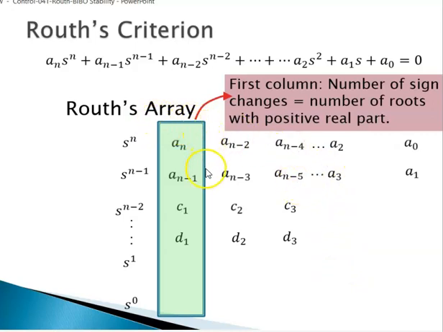You will see for sign changes, is an positive, an minus 1 positive, and so on. If it is positive and this is negative, you call it a sign change. If this is negative and this is positive, you count it as another sign change. The number of sign changes in this column indicates the number of roots with positive real part.